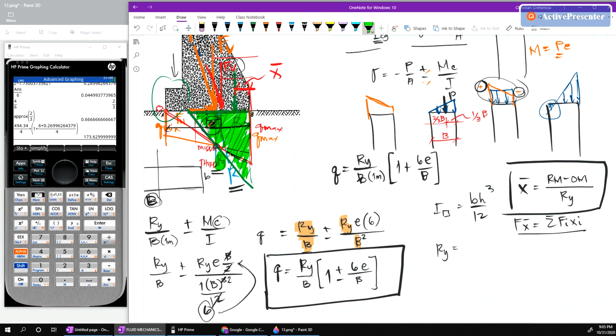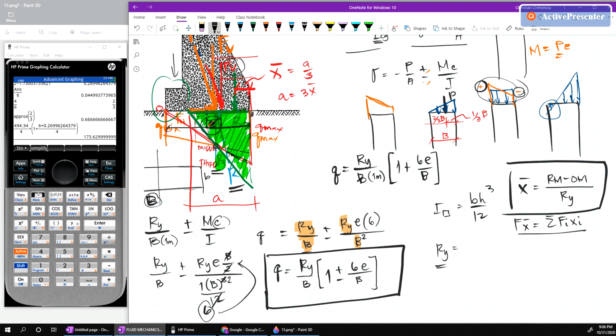So, since this is triangular, then alam natin na if this is yung, let's call this distance A, which is yung base ng triangle, then yung x bar is A over 3. Tama? A over 3. So, solving for A, which is yung base ng triangle, that is 3 times ng x bar. Okay. So, makukuha natin yung value ng Ry.